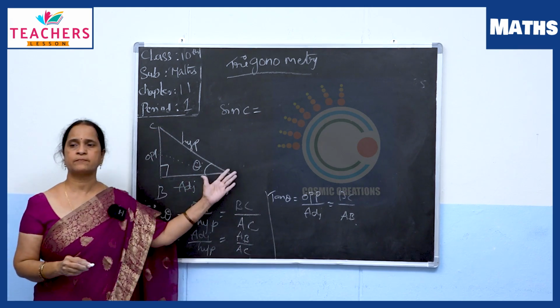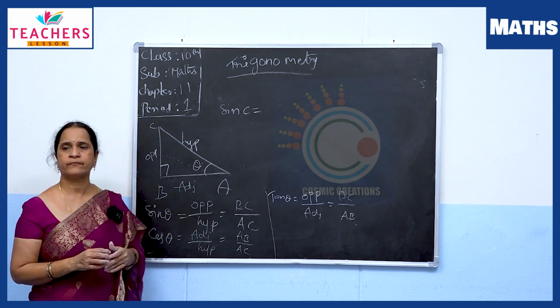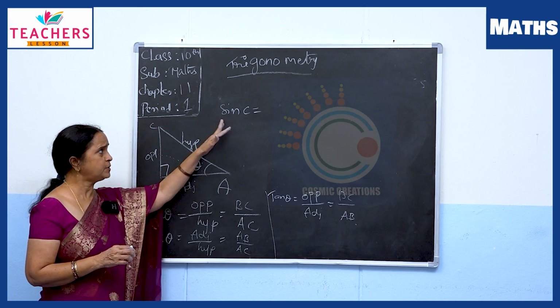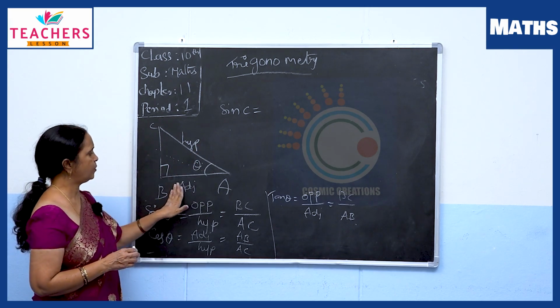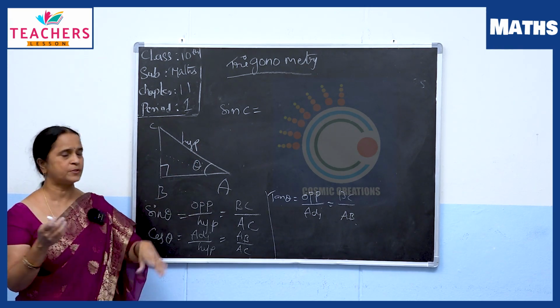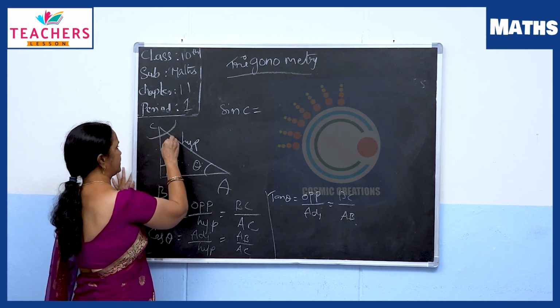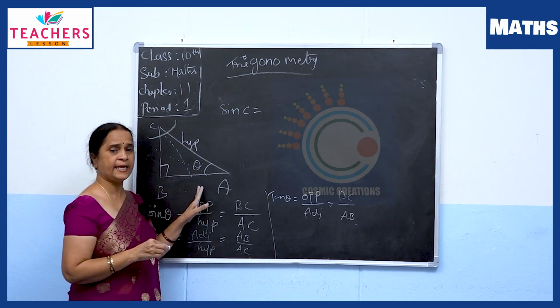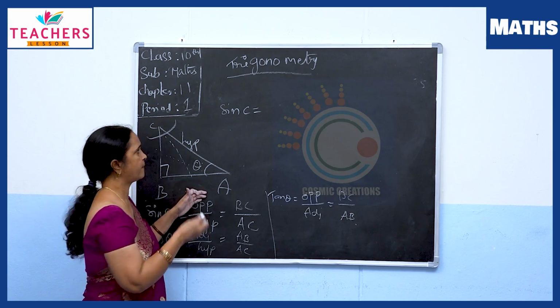Now I am asking you, sin theta you could say nicely. Sin C I am asking. Then how can you say? Opposite to C you have to look at. Now these are not adjacent and opposite, opposite with respect to C. What is the side? What is the length? AB. Shall I write?